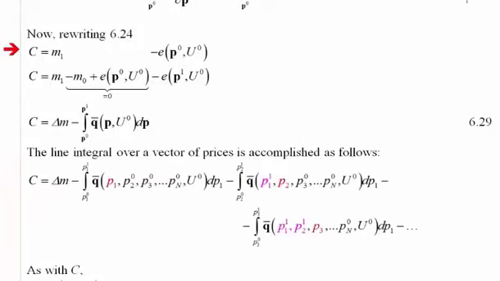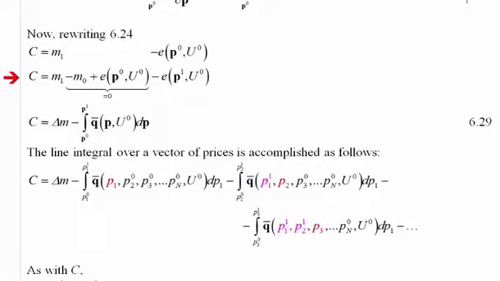We said above that C, compensating variation, is simply equal to M1 minus the expenditure function at P0, U0. Well, so let's add into the middle of that. We're just going to add 0 by subtracting M0 and then adding expenditure at P0, U0, and the sum of those two terms is equal to 0, so we haven't done anything.